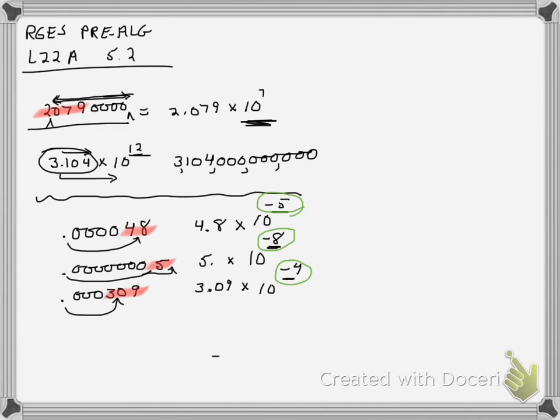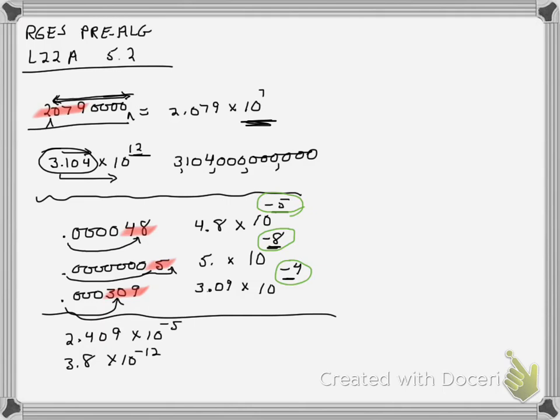So now what if we were to go in reverse? If I said 2.409 times 10 to the -5th, or 3.8 times 10 to the -12th, how would I do those?